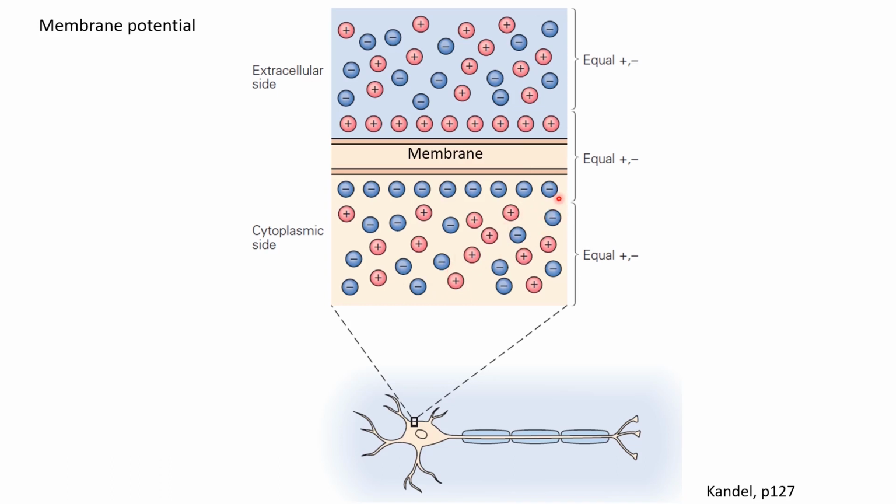So they go and accumulate on the membrane, and an equal amount of positive charge accumulates on the other side of the membrane. And we have already seen in the last video that the membrane can act like a capacitor, so it can store charge. And these negative and positive charges are stabilized by each other.